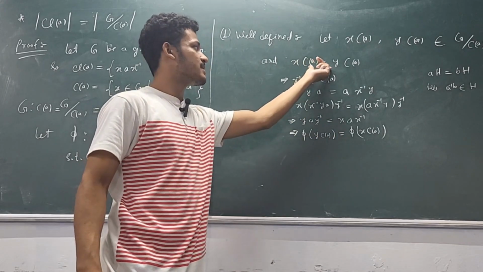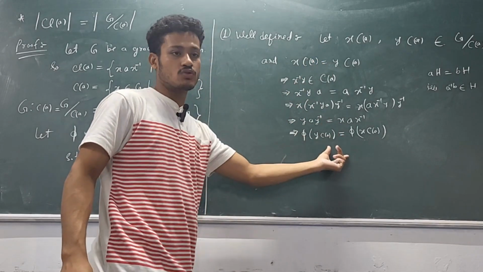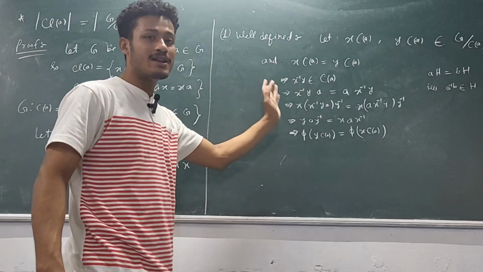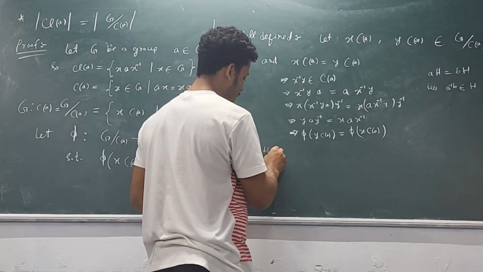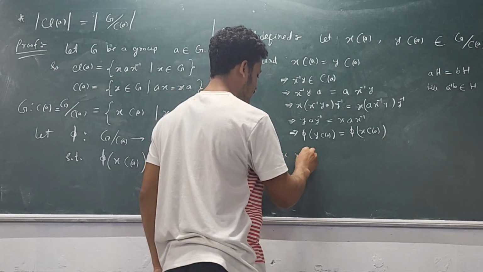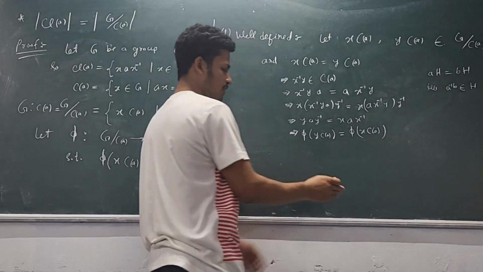If the two elements are equal, the images also will be equal. So that means it is well defined. You write hence well defined.